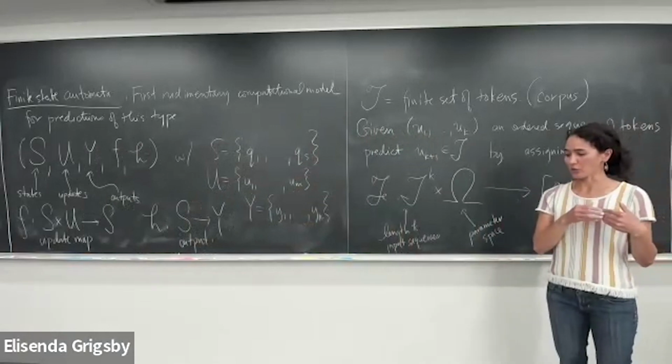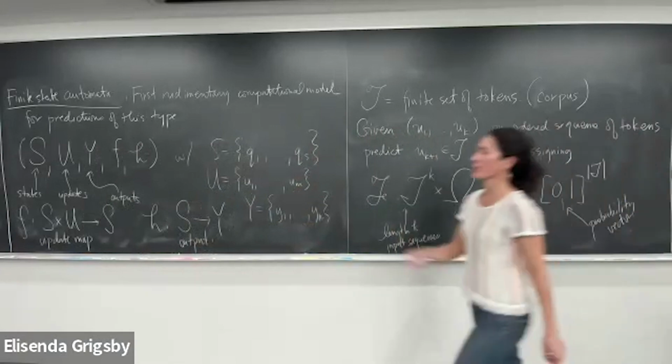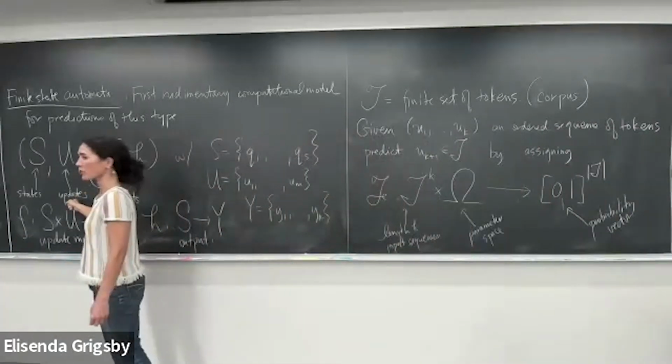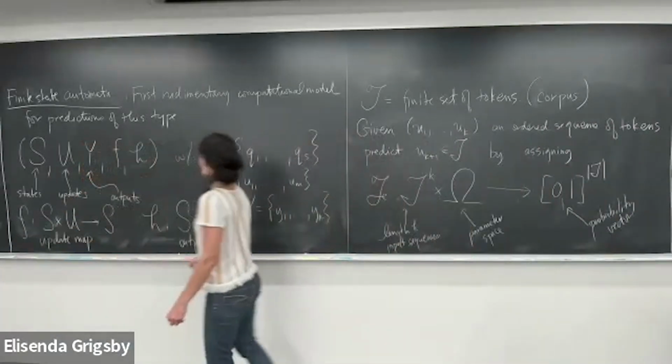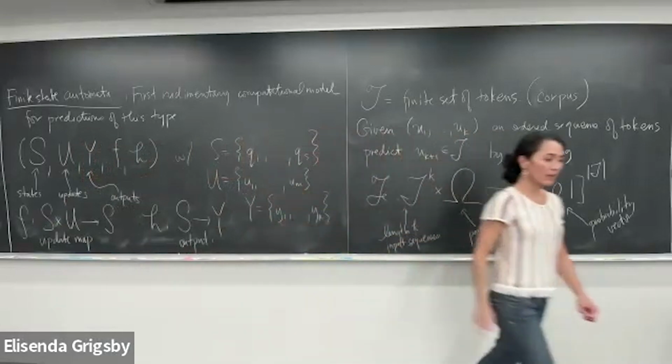What you might want to do is predict, from a string of updates and an initial state, a class among K classes.